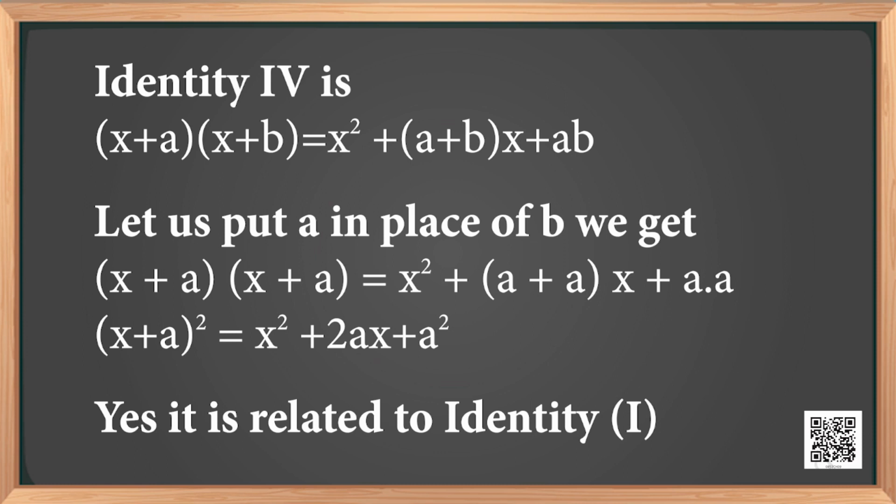We get (x + a) times (x + a) is equal to x square plus (a + a) into x plus a into a, that is (x + a) whole square is equal to x square plus 2ax plus a square, which is nothing but identity number 1. Yes, it is related to identity number 1.